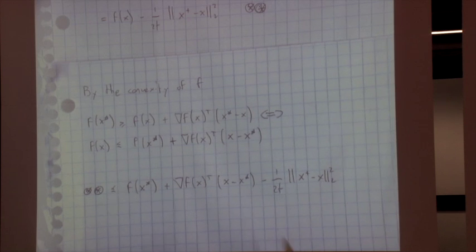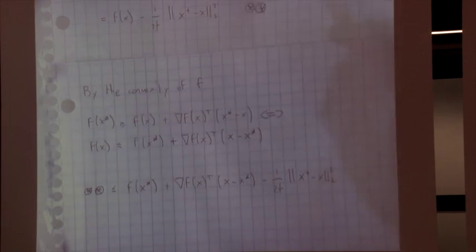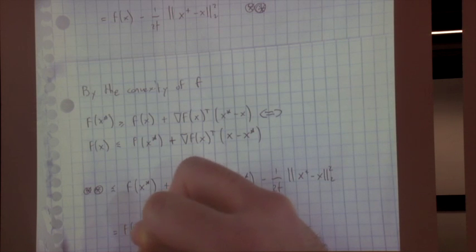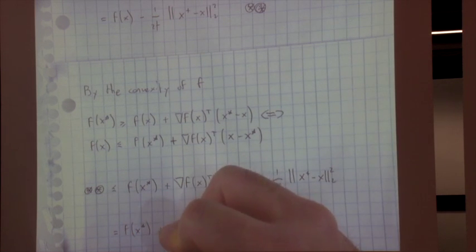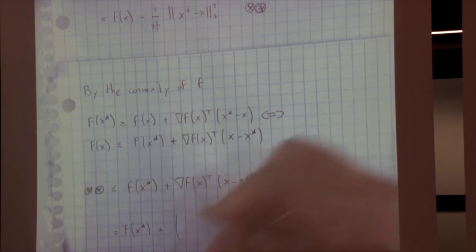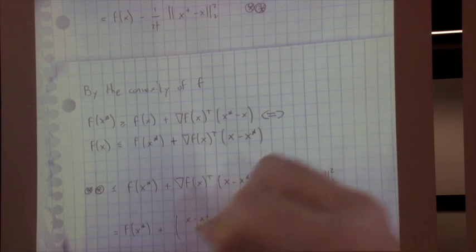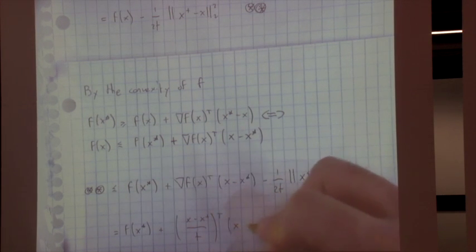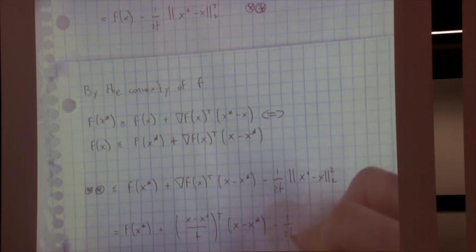Okay. Now I'm going to plug in the same expression as before for the gradient. So this is equal to f of x star plus x minus x plus divided by t transpose x minus x star minus 1 over 2t, the square norm of x plus minus x.